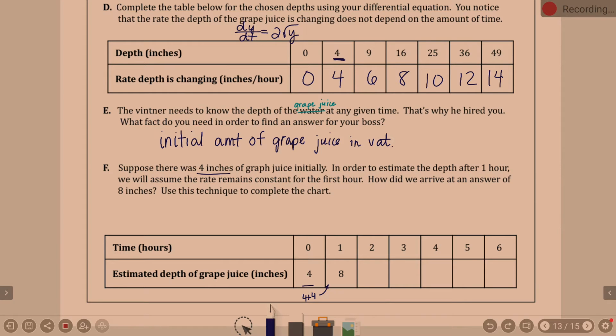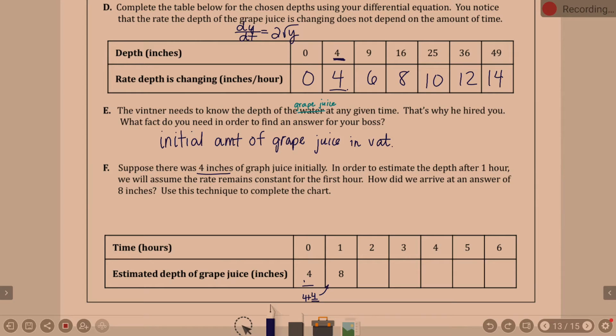So this plus 4 down here is the fact that when my depth is 4 inches, the rate is changing at 4 inches. So this 4 here plus this 4 here. That's the connection I need to make. Does that connection make sense? Because we're going to reuse that connection.